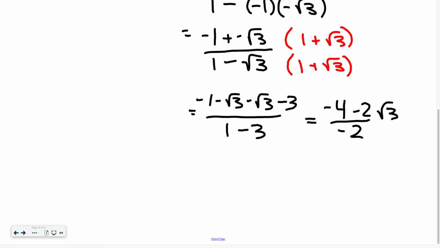And then everything can simplify. The numbers on the outside of the radical are all divisible by 2, and really they're all divisible by negative 2, right? So I could change all their signs. I could say this is 2 plus square root 3 over 1.